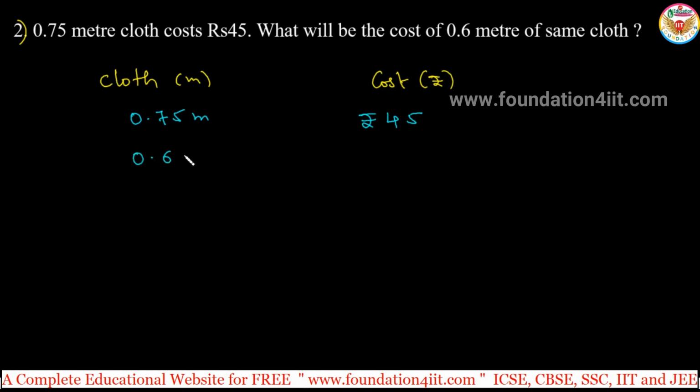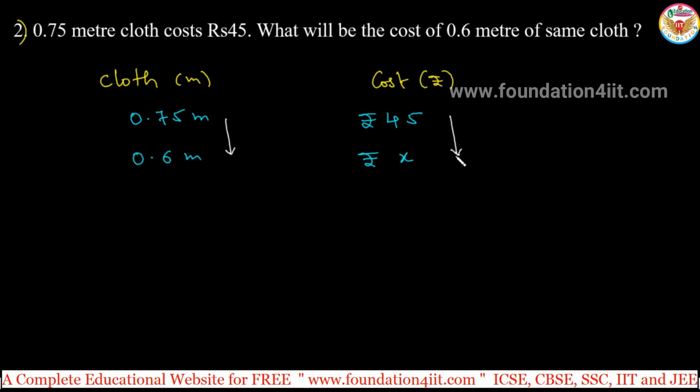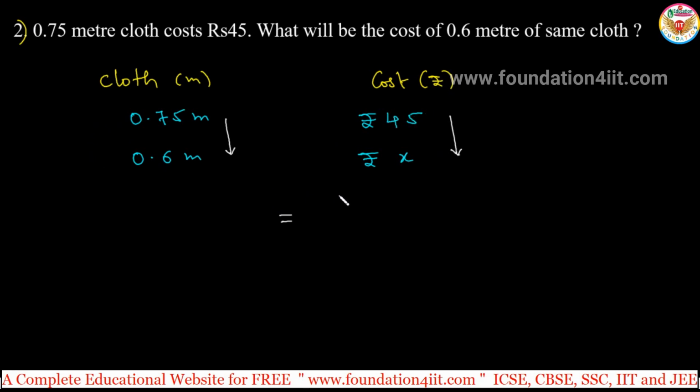So the 0.6 meters cost, let it be rupees x. Now this one value is decreased, so this also must be decreased. Since it's a direct variation, keep the equal symbol in between. If you take first one divided by second one, then here also write first divided by second. We are supposed to find the x value.